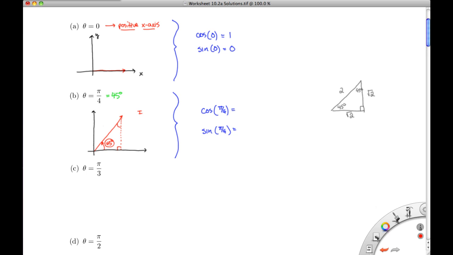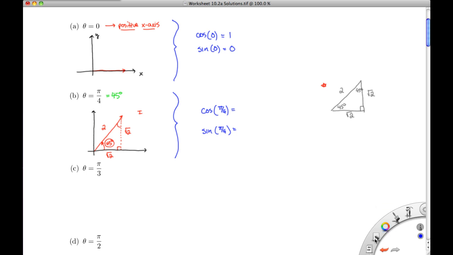Let's go ahead and plot the information from the triangle that we just put over here, and using what we know about the sine and the cosine, we can figure out what the values are. So we know that the cosine is the ratio between the adjacent side of the angle and the hypotenuse.